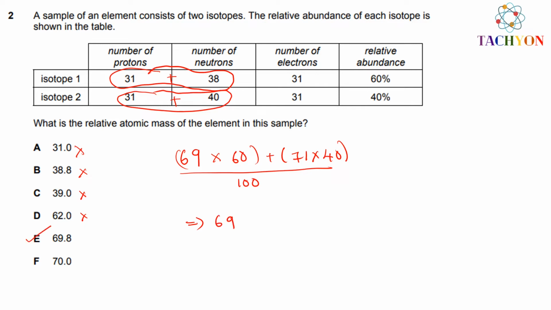Even if you are calculating, you will be getting the answer 69.8. The relative abundance of each isotope is given, and from that we are going to calculate its relative atomic mass. So simply multiply the mass number with its relative abundance percentage, plus the second one, divided by the whole 100. Then you are getting 69.8.